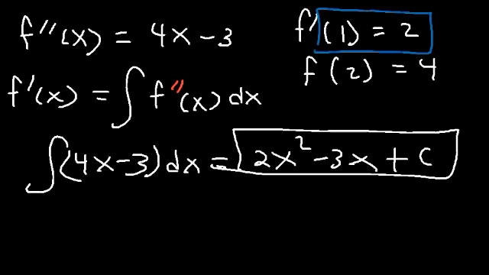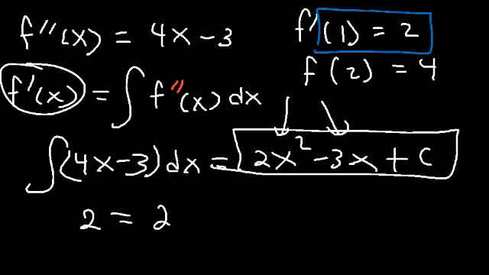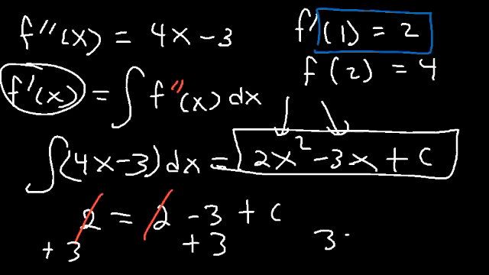So let's replace f prime of x with 2, and let's plug in 1 into the equation. It's going to be 2 times 1 squared, which is 2, minus 3 times 1 plus c. These 2 can cancel if we subtract both sides by 2. And if we add 3, we can see that c is equal to 3.